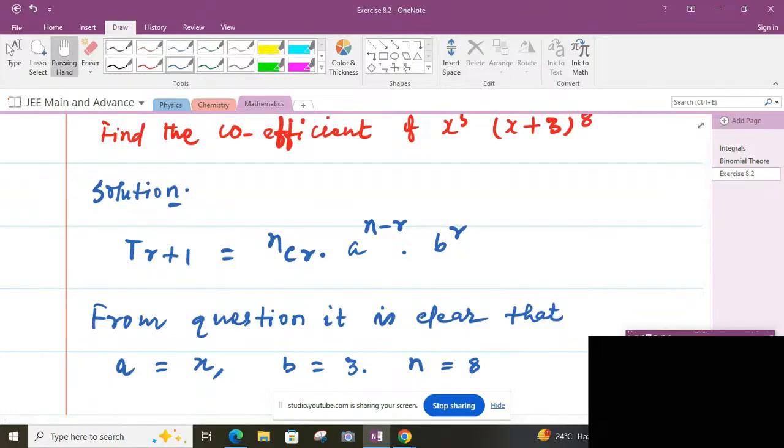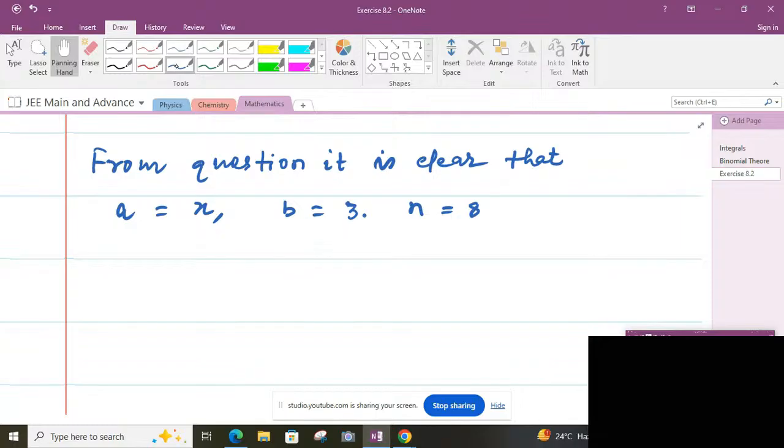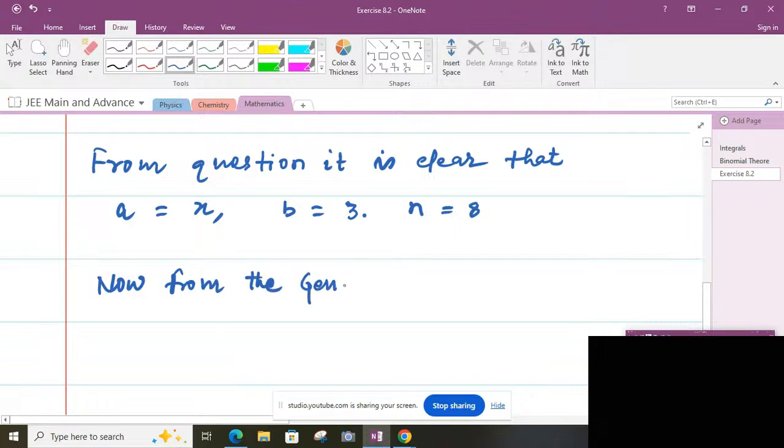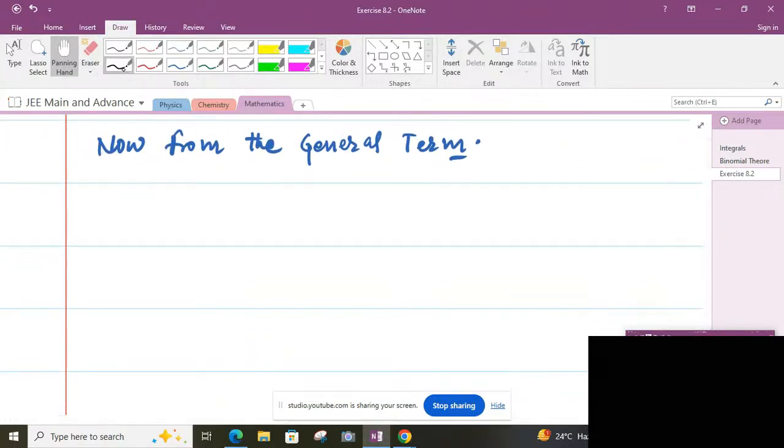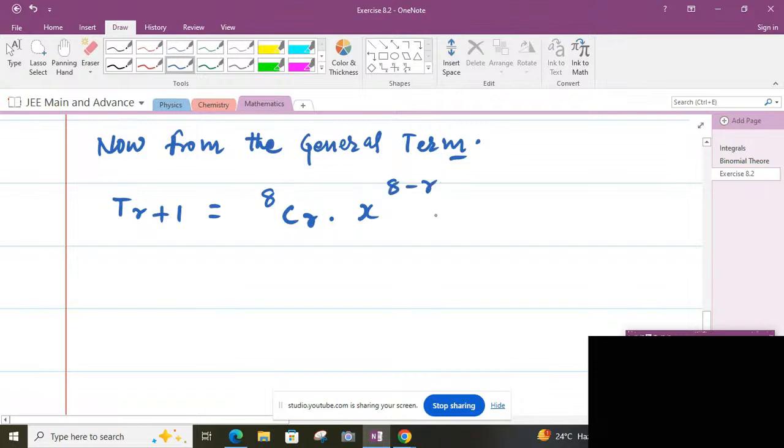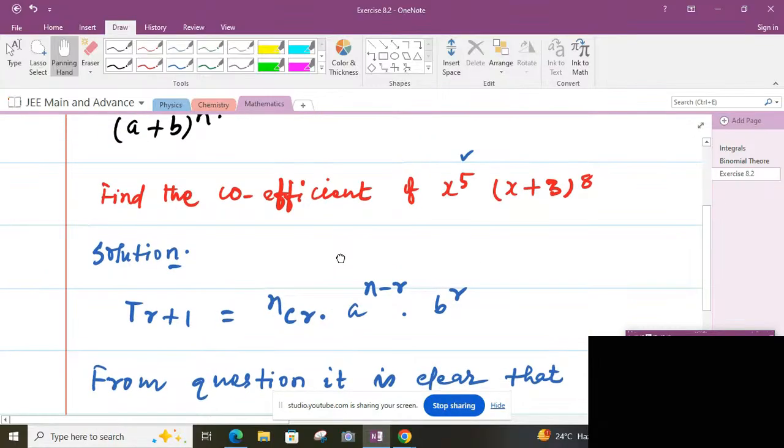Now from the general term, T r plus 1 equal to 8Cr into x to the power 8 minus r into 3 to the power r. Sorry, instead of b we have 3.